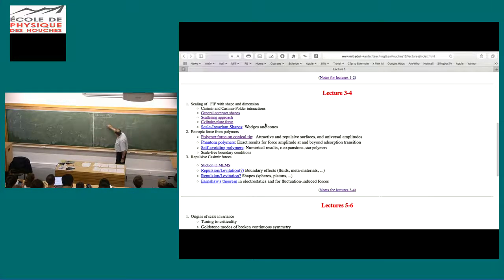So this polymer fluctuates, and as long as this probe is far away, there is no constraint on the fluctuations. As I bring the probe close to the surface, there is less room for the polymer to move around, its entropy is reduced, and there is an entropic repulsion that you would expect.